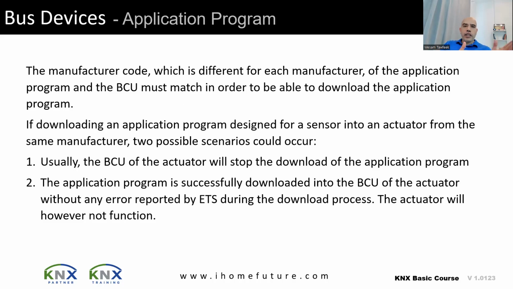So I might have an actuator from ABB and then I'm downloading a dimmer application onto a switch. The download might happen since it's the same manufacturer; the BCU will not check that. However, the device will not work because we are trying to tell it to do a different function that it is not designed for. In this case, if you download the correct version again, it will work. So no permanent damage will take place.